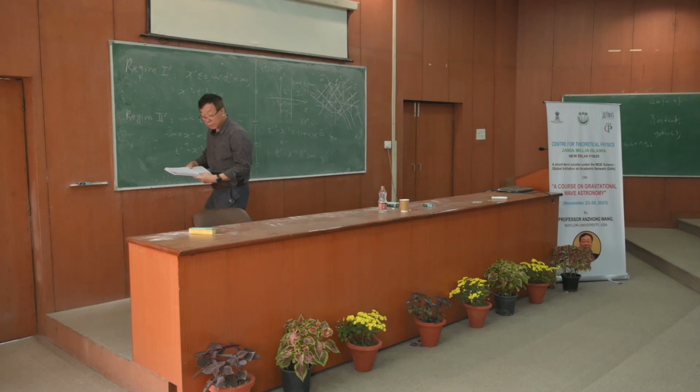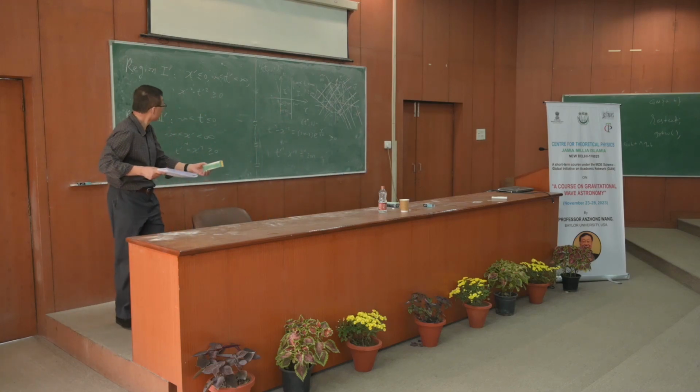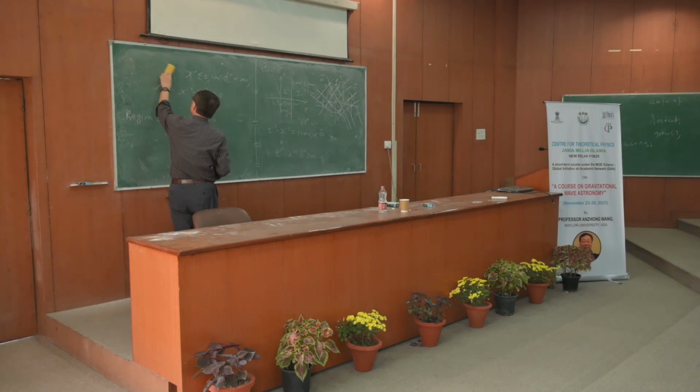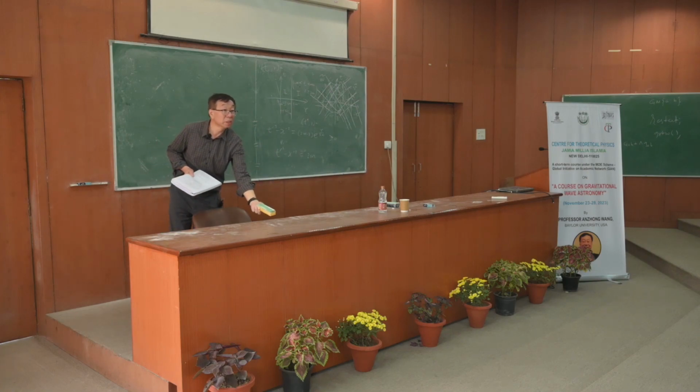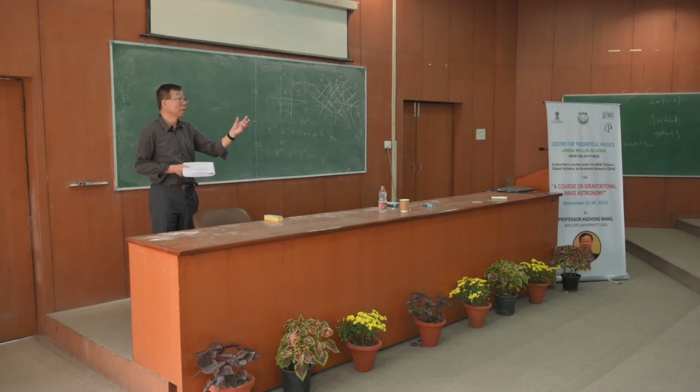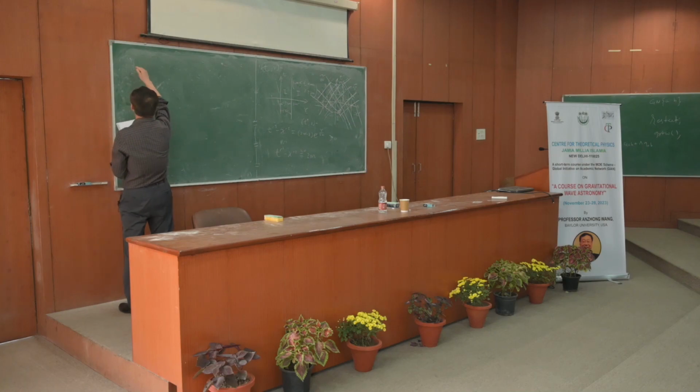To understand this, we first notice the following: region 1 is simply a reflection of region 2, region 1 prime. So if we understand region 1, then we know the map between t, r and t prime, x prime.